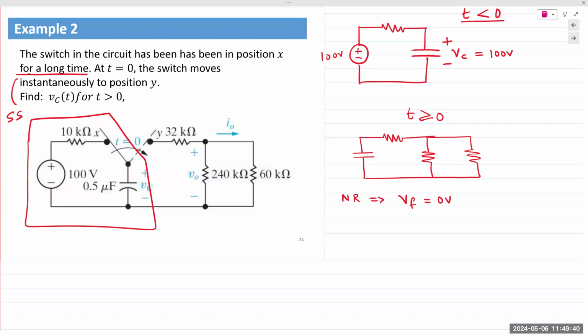Capacitor voltage, like the inductor current, cannot change instantaneously.